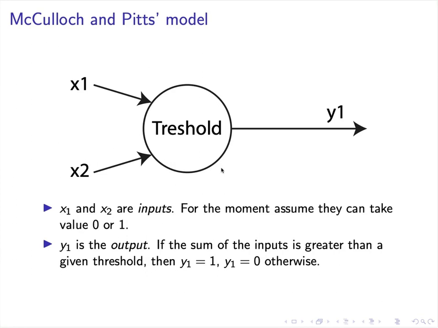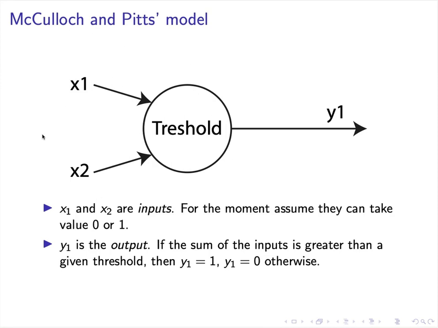Basically, McCulloch and Pitts had this idea: let's try to simulate neurons in this way. You can see already that this thing here kind of looks like a neuron, right? It has dendrites and an axon and a soma here. And their model was very, very simple.